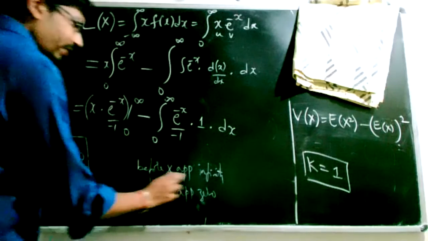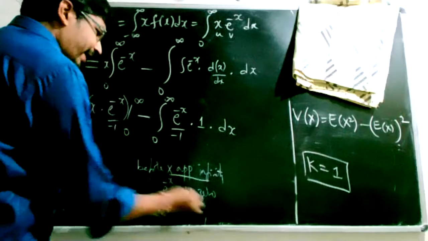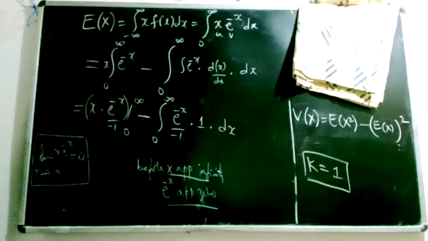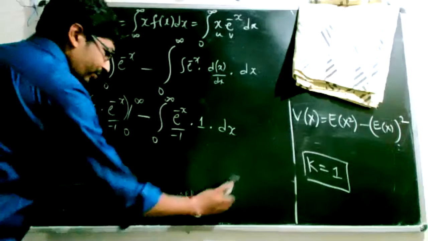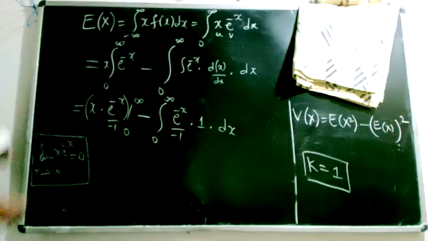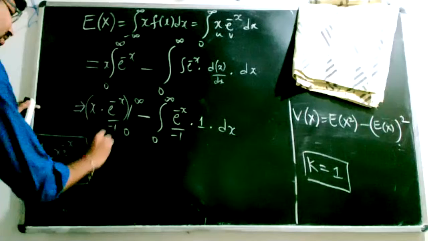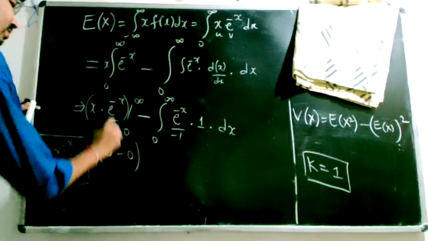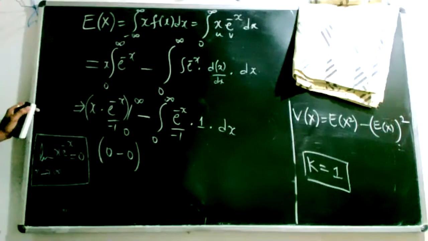So ಇನ್ನು ಫೈನೈಟ್ ಕ್ವಾಂಟಿಟಿ ಇರುವಾಗ್ಲೇನೆ e power minus x 0 ಆಗೋದ್ರಿಂದ 0 into finite quantity 0 ಆಗುತ್ತೆ. And when you put x is equal to 0, you'll get 0 into 1, so that is 0. So when you substitute both infinity and 0, this becomes just 0.